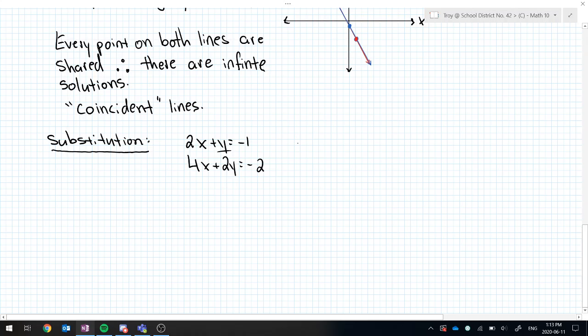So if I isolate for y on that one, I simply get negative 2x minus 1. So I have that substitution there for y. So I'm going to drop it into that y right there to see what we get. Make sure you put your brackets there. So you get negative 2x minus 1.